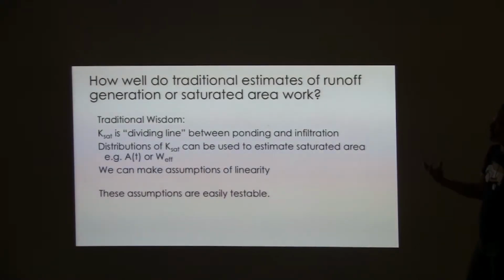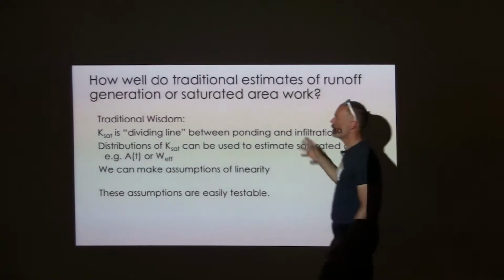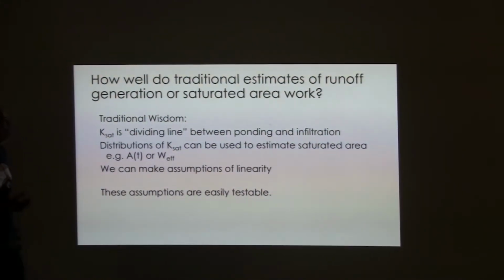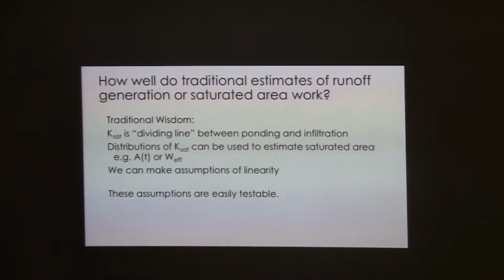And so our last piece is going to be, how well do these traditional estimates of stream generation or runoff generation work? And this is where, as I say in my class, hydrology usually splits.